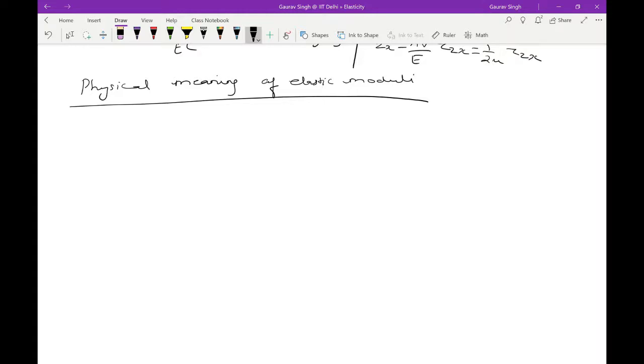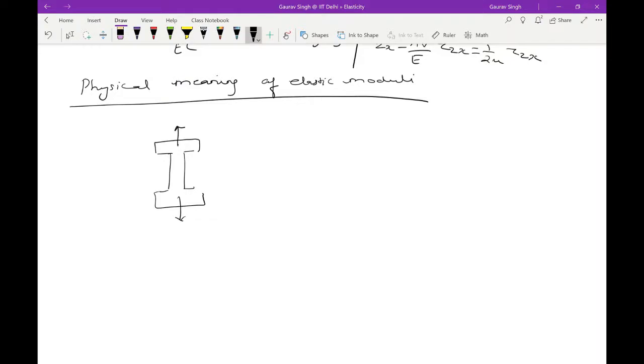So there are certain tests which we can do in a laboratory, and we try to understand the meaning of these elastic moduli through these tests. This is a so-called simple tension test where you create a dog bone structure.